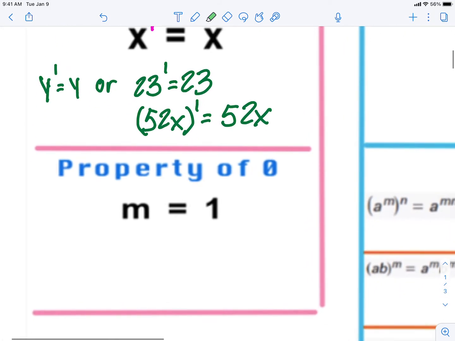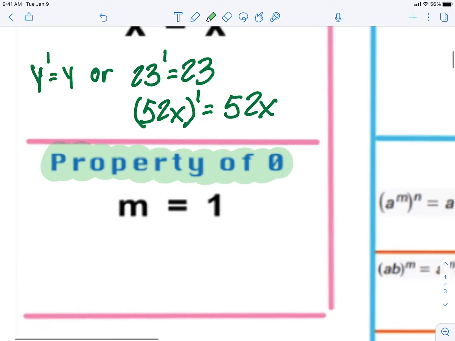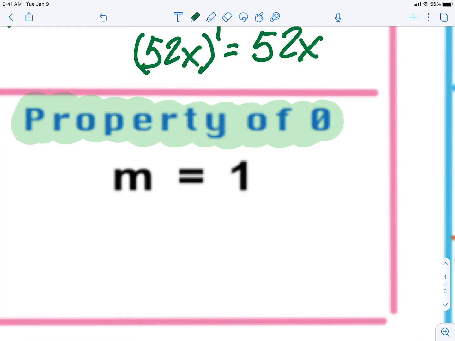Next property we're going to learn about exponents is called the property of 0. What this property says is m to the power of 0 is equal to 1.